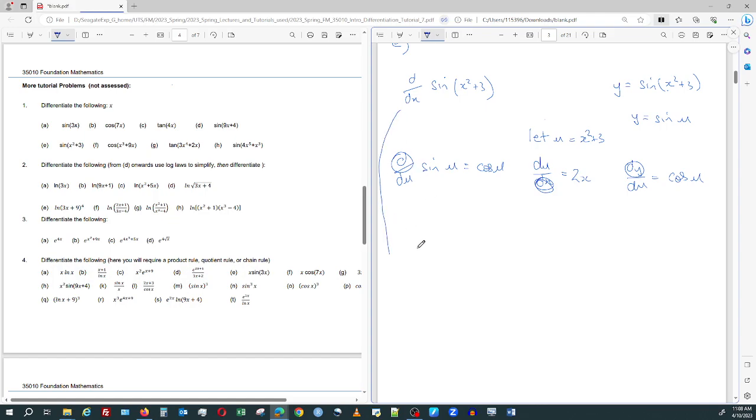So dy dx is equal to d dx still, going through something else, which is d du, du dx.